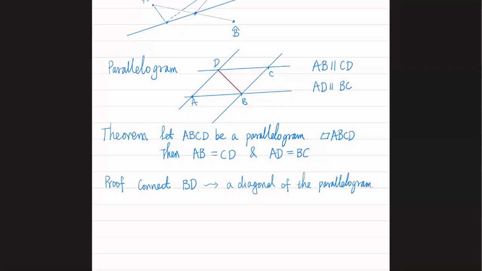Now we have triangles, and we know a lot about triangles. Let's try to use our knowledge on triangles. Triangle ABD and triangle CDB. Are they congruent?